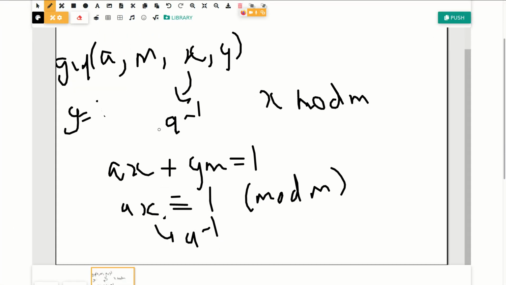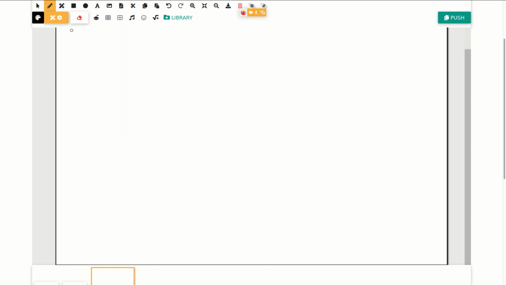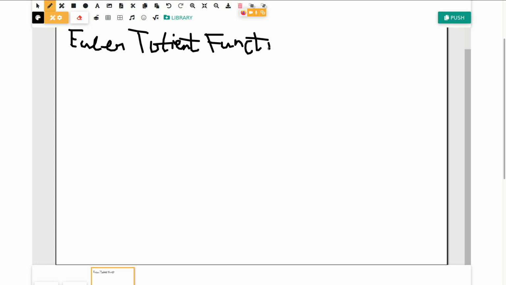All right, now we move on to one of the topics which might be interesting to most people here. This is slightly more intermediate, I would say. So, Euler Totient function. This is probably the most famous function in the entire number theory field. Euler Totient function, no surprises who made this function.